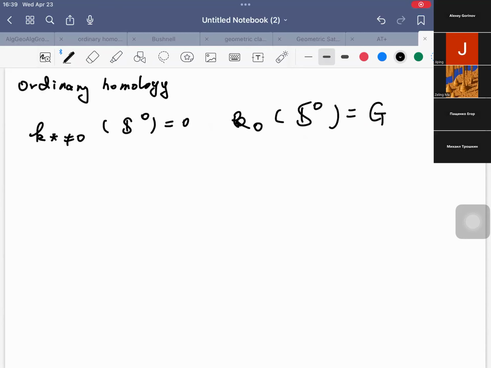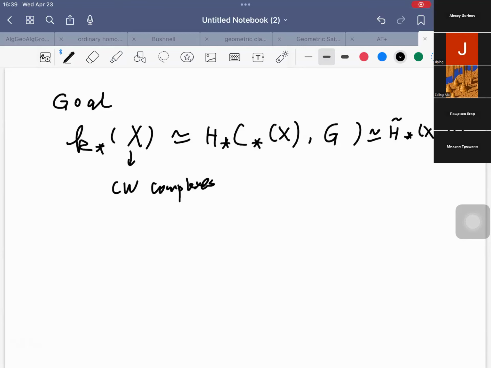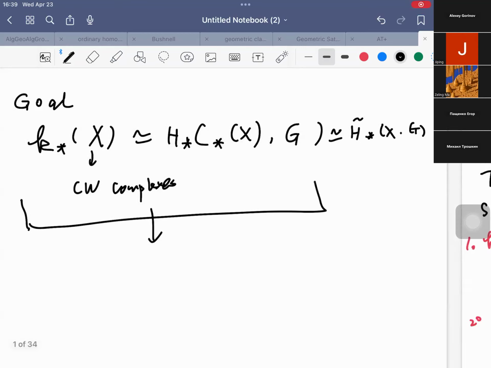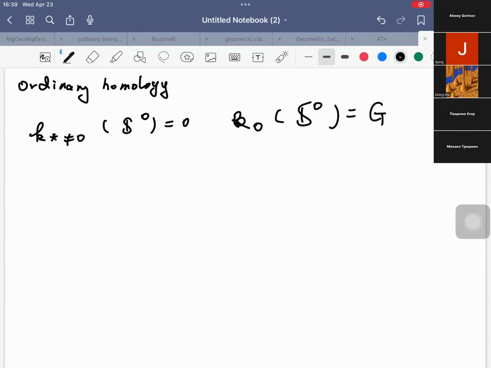So first of all, we want to show our goals. Maybe I recall. First, we claim this part. Oh, sorry. So now X is the pointed CW complex, and maybe not right.